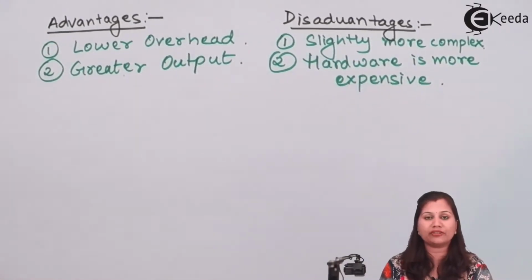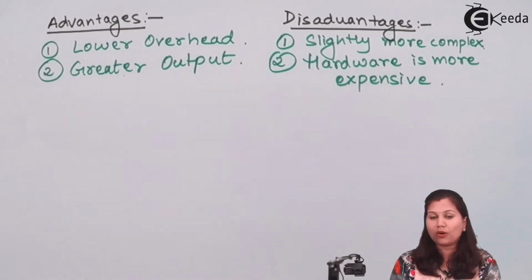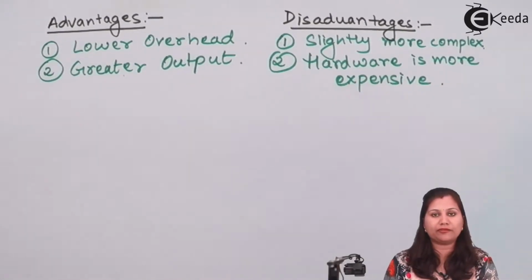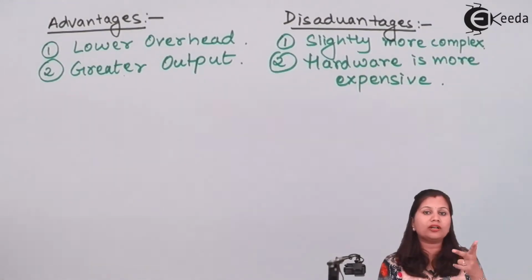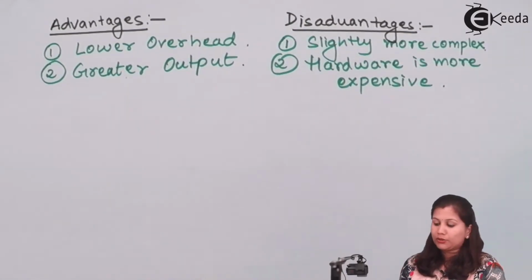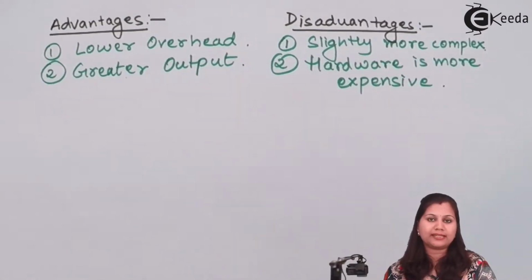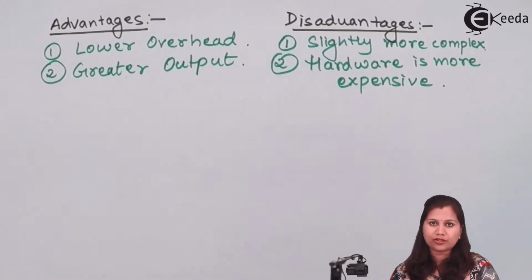So clock pulse generation will make the process more complex. Also, hardware is expensive for synchronous data transmission, because two lines are required, one for the clock and one for the data. So now let's come to the second type of data transmission scheme, that is asynchronous data transmission.